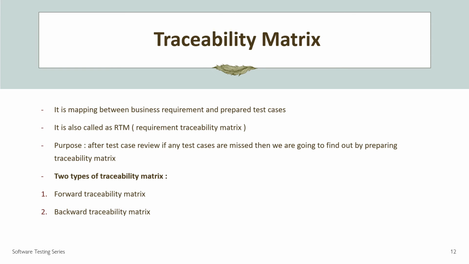There are 2 types: forward traceability matrix and backward traceability matrix. Forward traceability matrix is done before executing the test cases, and backward traceability matrix is done after executing all test cases. In the backward traceability matrix, we check whether all the test cases are executed and all the requirements are covered. Then we move to the next phase.